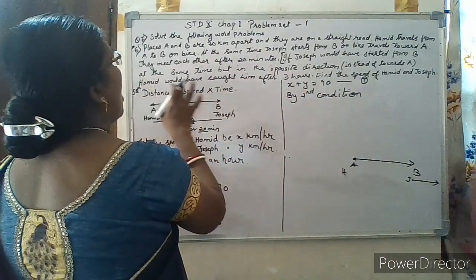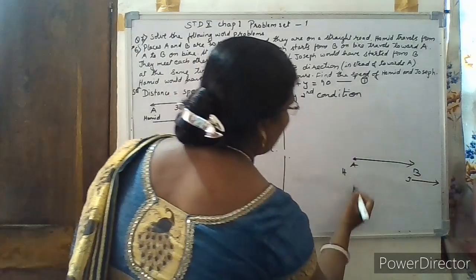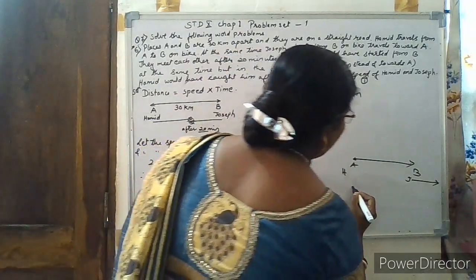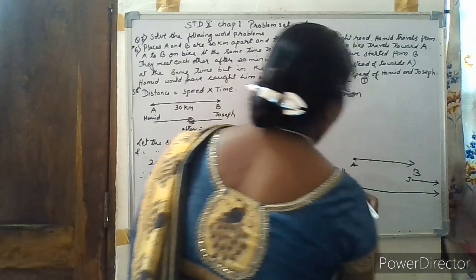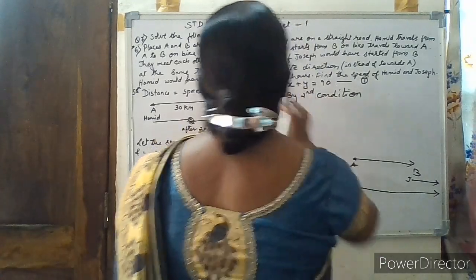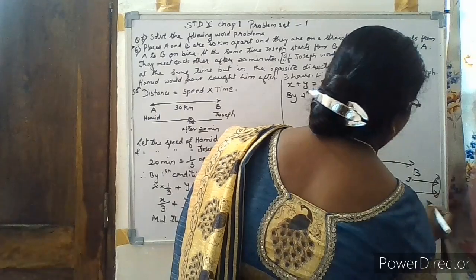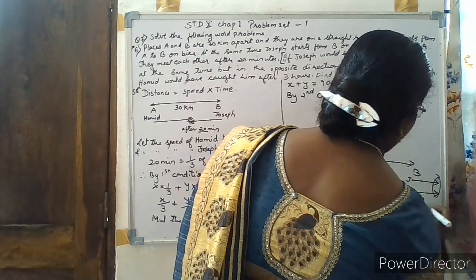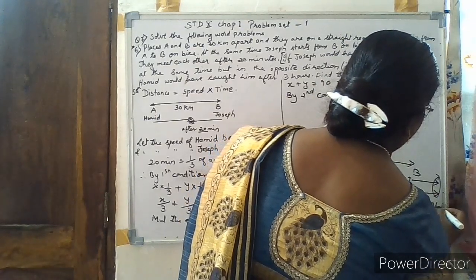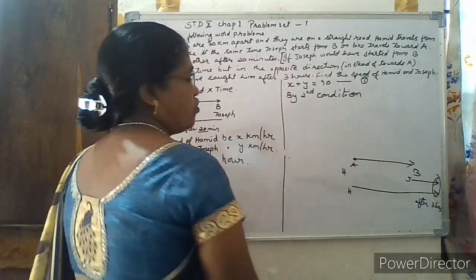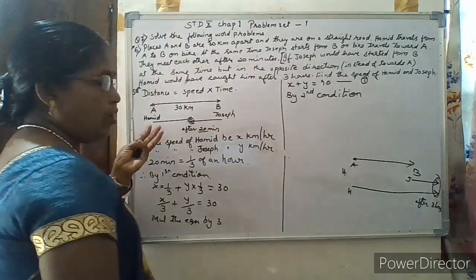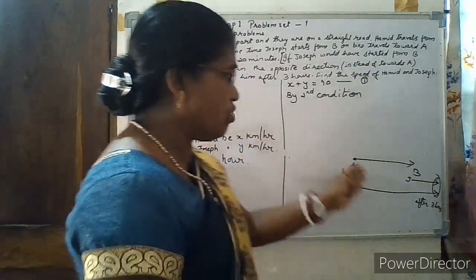Now Hamid would have caught him. Hamid also starts at the same time. Hamid would have caught him after 3 hours. They both meet each other after 3 hours. So here also the same thing.